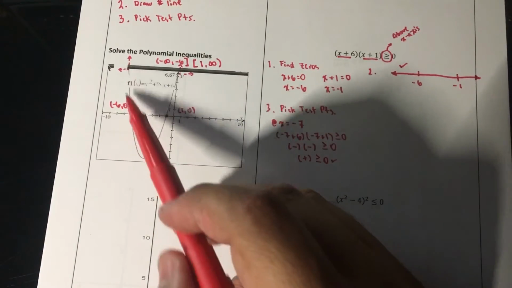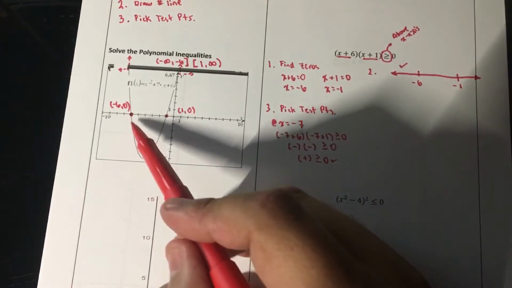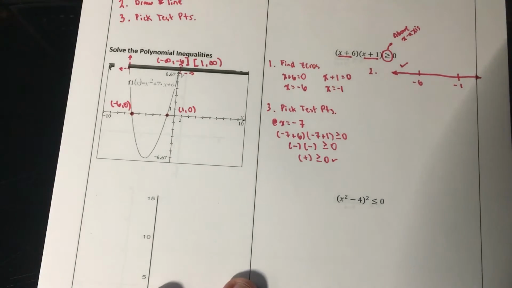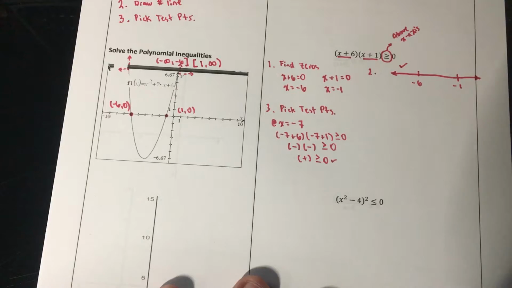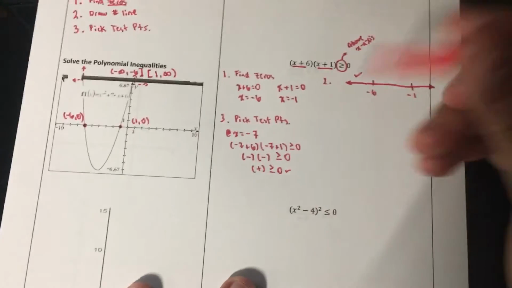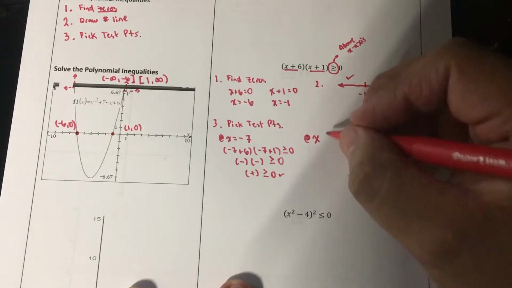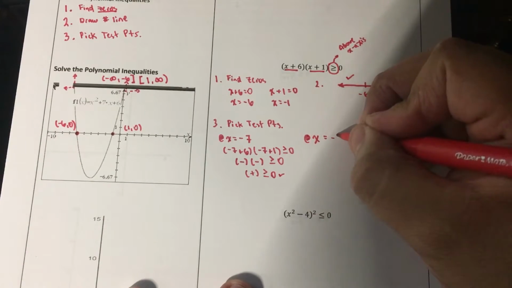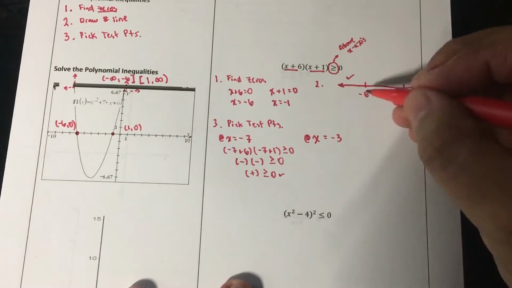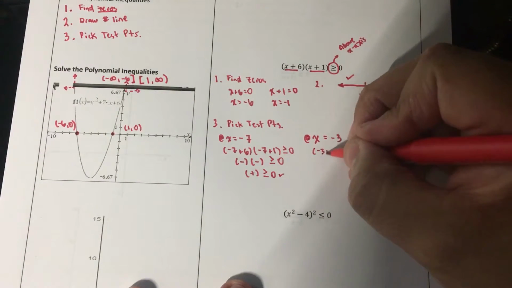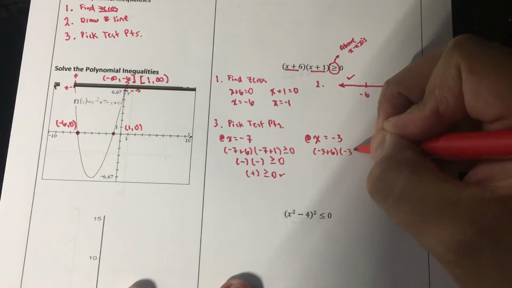So, is a positive number greater than 0? Yeah, it is. And that shouldn't be a surprise. We saw that right here, it is greater than 0. Now in this next area, I should at least see that it is going to be smaller than 0, so it's not going to satisfy the condition. But let's go ahead and check. I'm picking a point between negative 6 and negative 1, so negative 3 works. I'm going to do the same thing: negative 3 plus 6 and negative 3 plus 1.